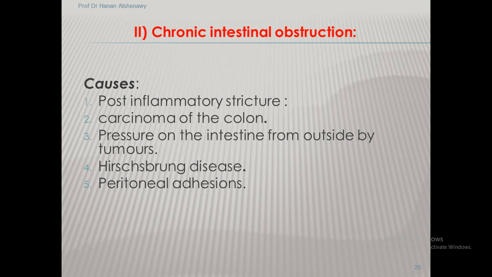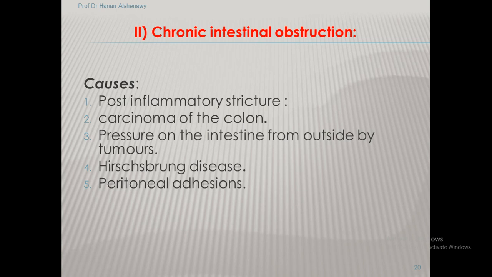Now, what are the causes of chronic obstruction? Stricture due to fibrosis, whatever the cause: Crohn's disease, peptic ulcer, whatever. Carcinoma of the colon, causing obstruction of the lumen of the intestine. Pressure from outside by a tumor, for example.